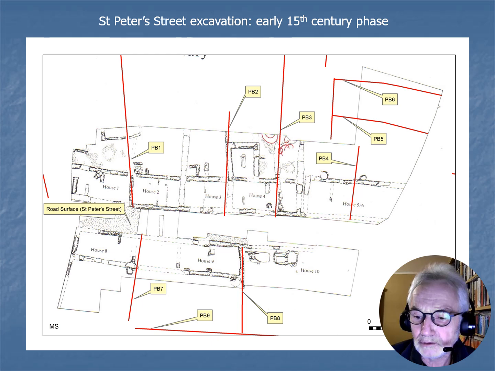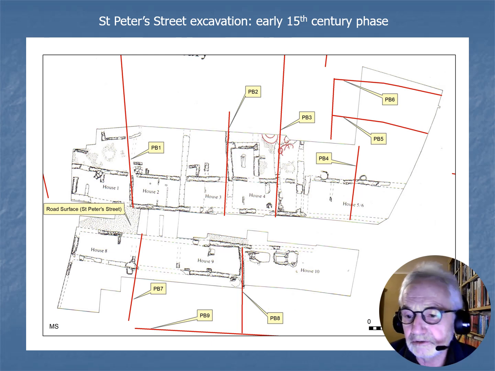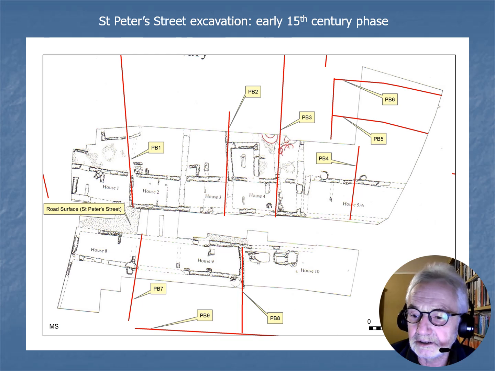As a corollary, it is worth noting that the properties here are set parallel to the street. Although medieval urban properties are often set at right angles to the street, as we've seen at Hereford and Eccleshall, this is not necessarily the case, especially in areas which, as here, lie away from the main commercial streets.